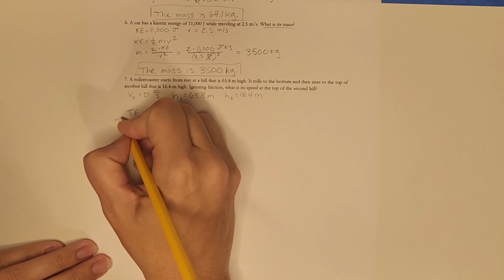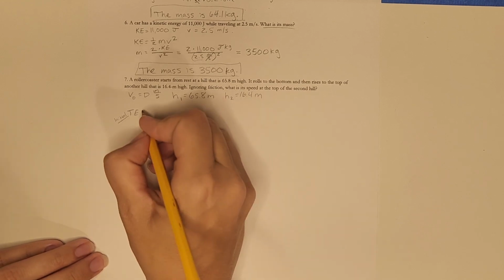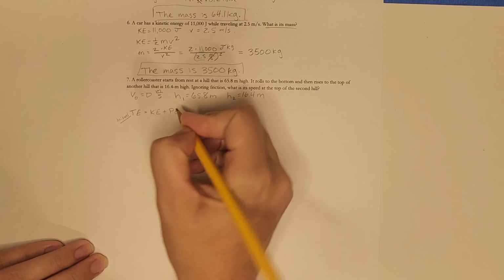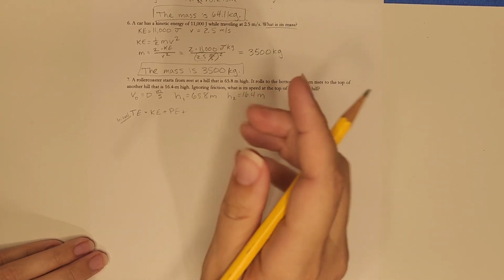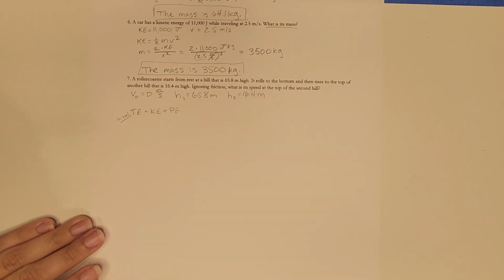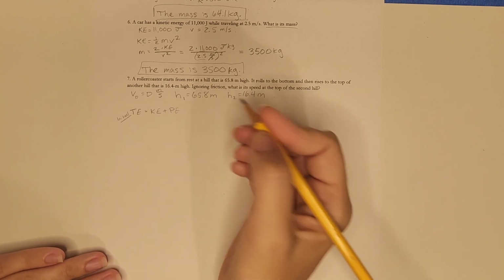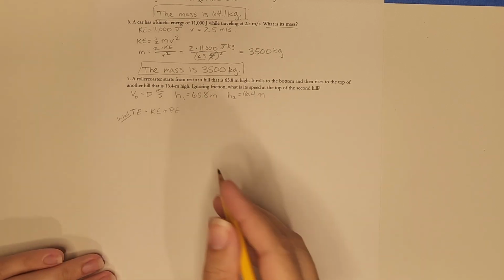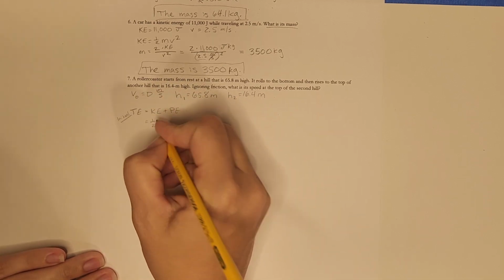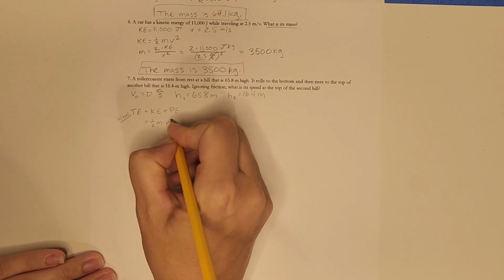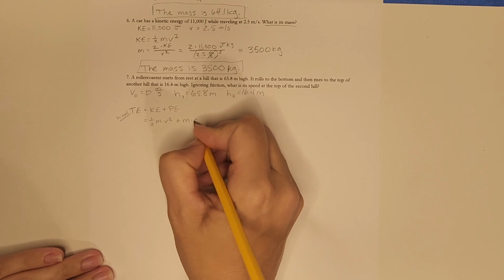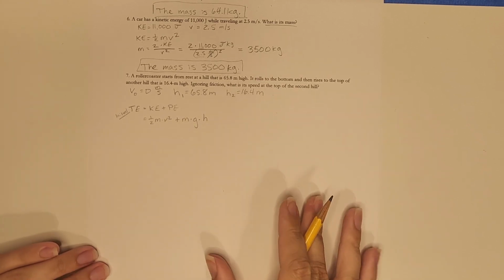So total energy, we're going to say initial, we'll call this, okay, it's going to equal the kinetic energy plus the potential energy plus, well, that's it for this because we're ignoring friction. So kinetic energy plus potential energy. So our kinetic energy is 1/2 mass times velocity squared, and our potential energy is mass times gravity times height, right?